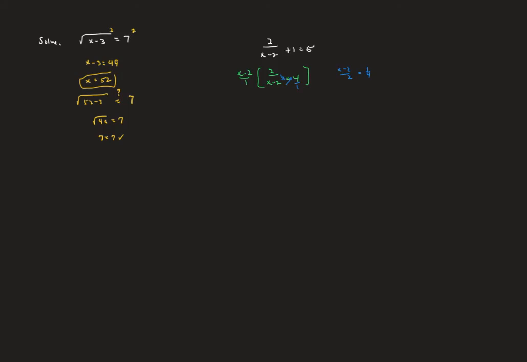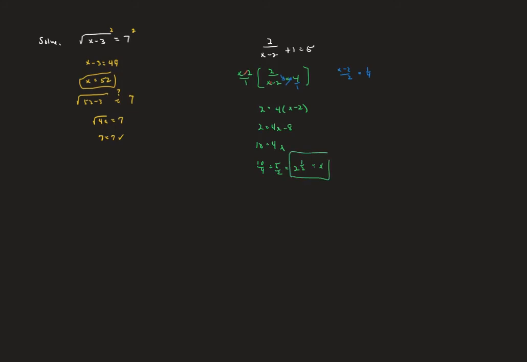When you multiply through, the x minus 2's will cancel here, and you'll just get 2 on the left side. On the right side, there's nothing to cancel that x minus 2, so it's going to multiply the 4. We can then distribute and then add the 8 to the other side, and then we can divide by the 4 and reduce, and either leave it as 5/2 or 2.5, whatever you like.